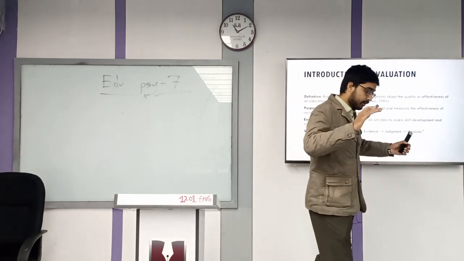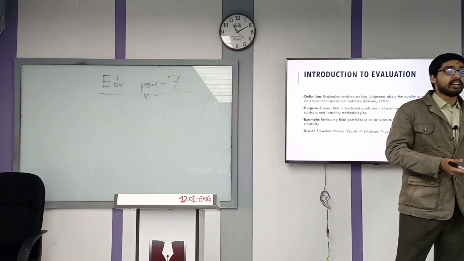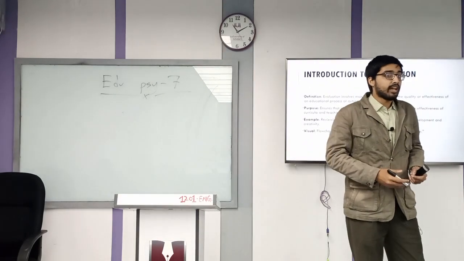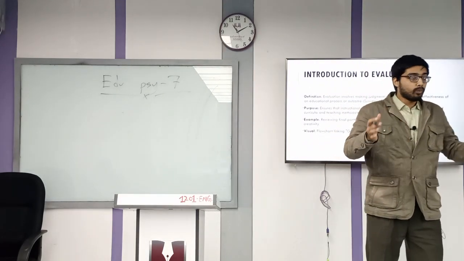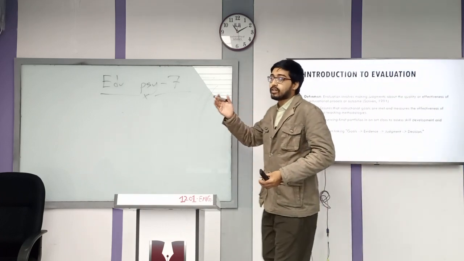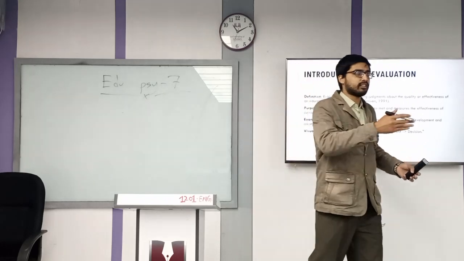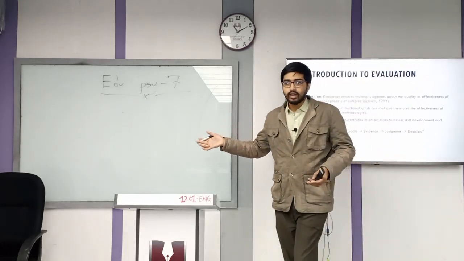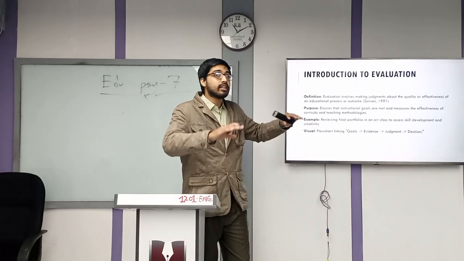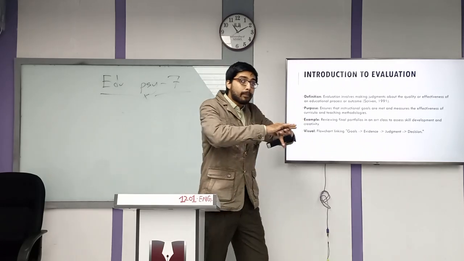Okay, so they actually evaluate the teachers and the universities, and the rankings always come up. Which university stood first? Not first, second, third, fourth, or the last. Okay, so evaluation is an umbrella term. It's a bigger process.